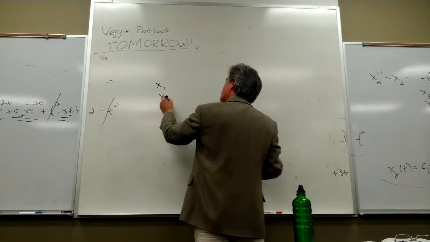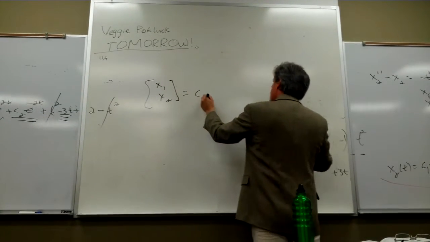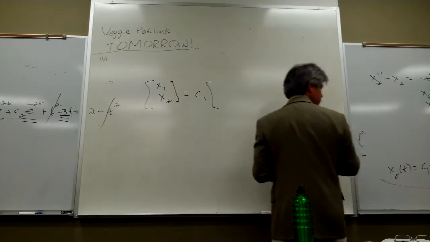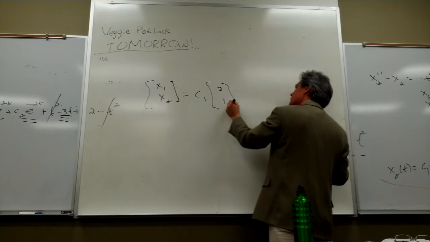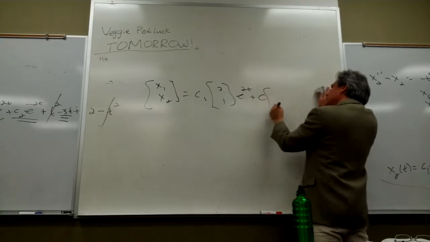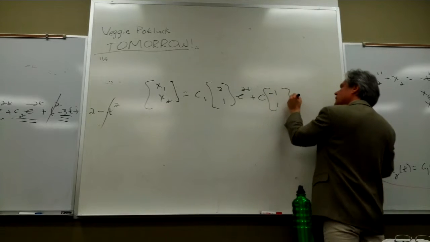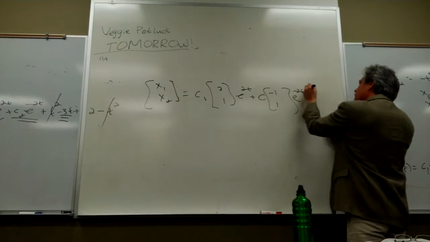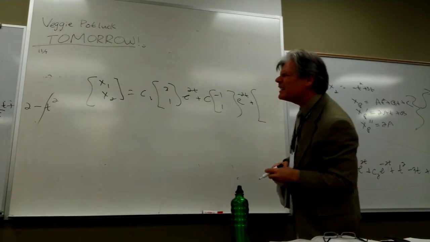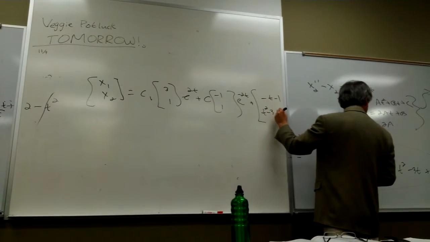A vector containing x1 and x2 can be interpreted as nothing more than c1 times another vector, namely 3 and 1, times e to the 2t, plus another vector times a constant c2, and the second vector is going to be negative 1 comma positive 1 times e to the negative 2t, plus another column vector consisting of my non-constant terms, which are going to be negative t minus 1 and t squared minus 3t plus 2.